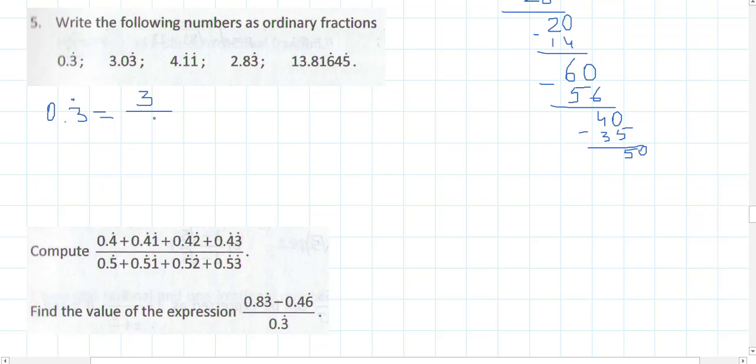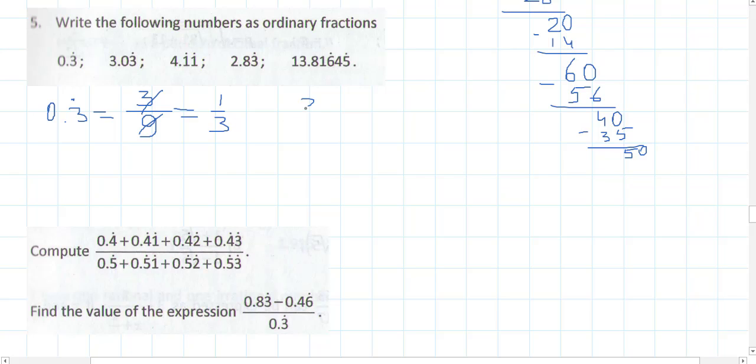So here we have just one figure, 3, so here we can write only one 9. One more time, as many nines in the denominator as there are figures in the repeating part. So it will be 3 over 9, or if we cancel, it is 1 over 3.